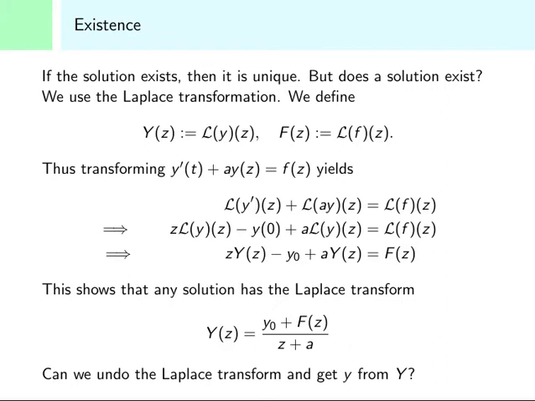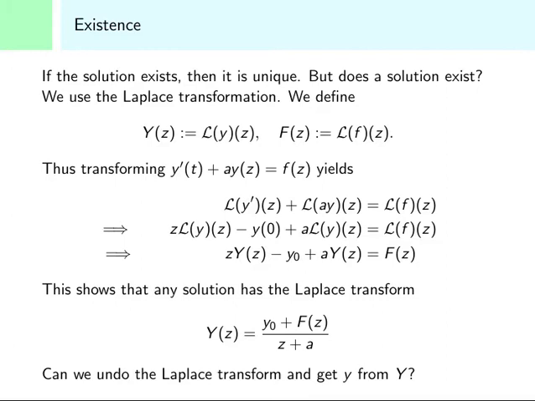As already announced before, we will use the Laplace transformation to solve this differential equation. In order to simplify the notation, we define the Laplace transformation of y and f. Capital Y of z equals the Laplace transform of y at z, and capital F of z is our notation for the Laplace transform of f at z.